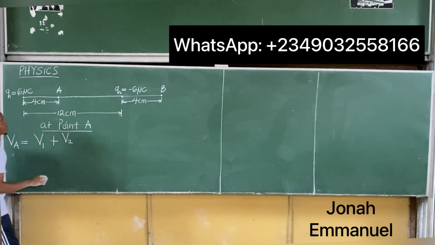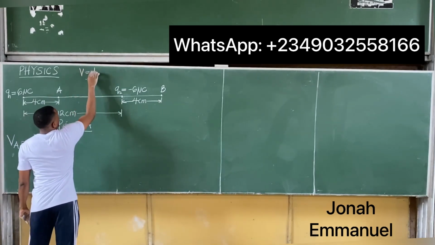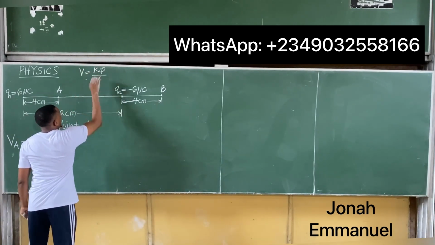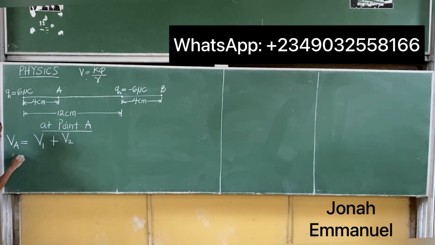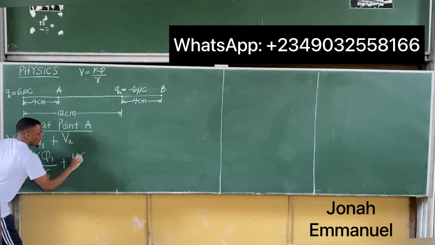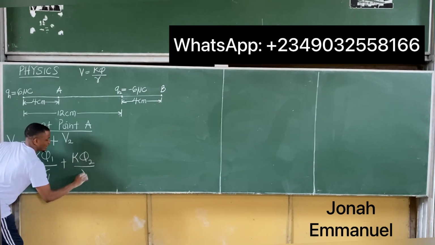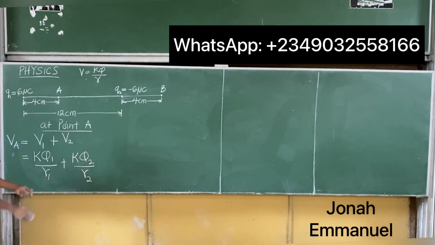We know that V is equal to kq over r. That means V1 is equal to k, Q1 all over R1, plus Q2 all over R2. So impute values.